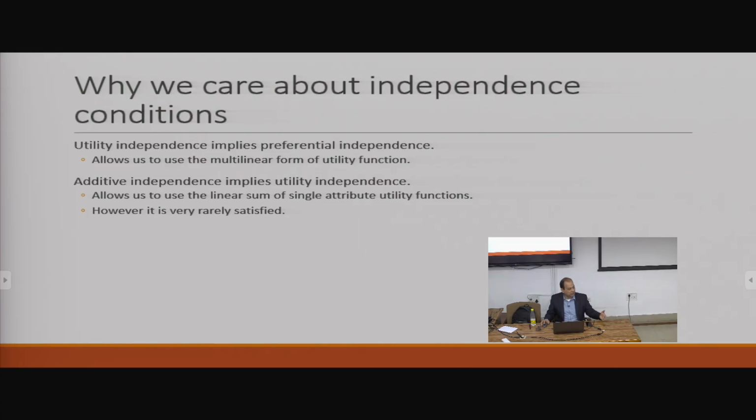It implies utility independence, and in that case, we can use a linear sum of single attribute utility functions, but it is very, very rarely satisfied. Okay, so there are three independence conditions: preferential, utility, and additive, in the order of difficulty to satisfy and how strict those conditions are.